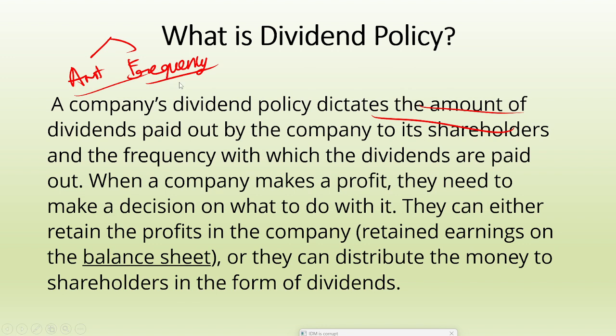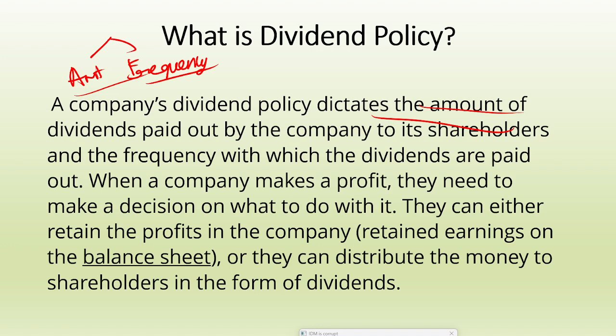Either the company will reinvest it in its business to expand its business activities, or the company will distribute it to the shareholders. They can either retain the profits in the company as retained earnings on the balance sheet, or distribute the money to the shareholders.